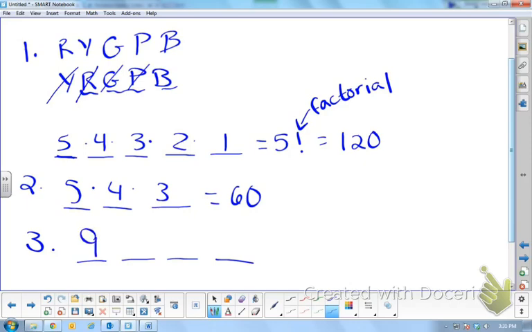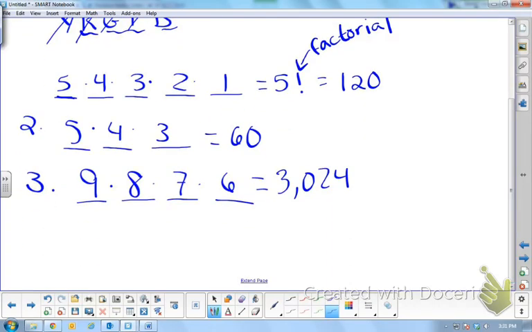So we have 9, we picked 1, which means there's only 8 topics left. We picked a second one, so we have 7 topics. And then we would multiply all of this out. 9 times 8 times 7 times 6 would give us 3,024. Now this time I couldn't use my factorial notation because we didn't go all the way down to 1.